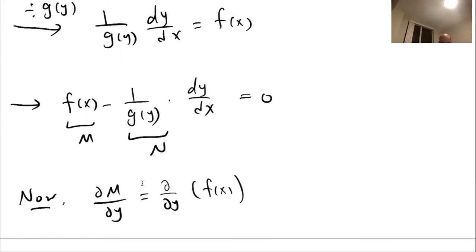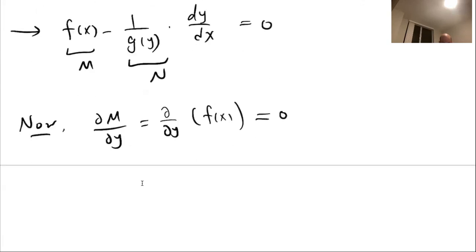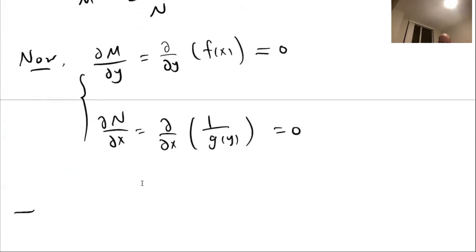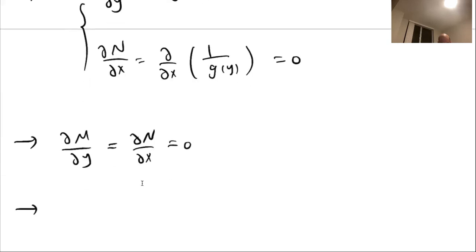M is f of x, d over dy of f of x is 0, and dN over dx will be d over dx of 1 over g of y, which is also 0. So My and Nx are both 0, so that means the equation is exact. That means we wrote the given equation as an exact equation.